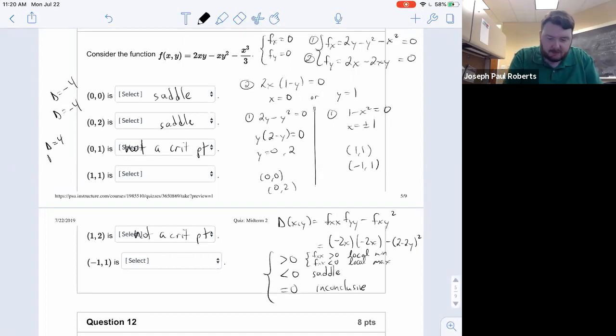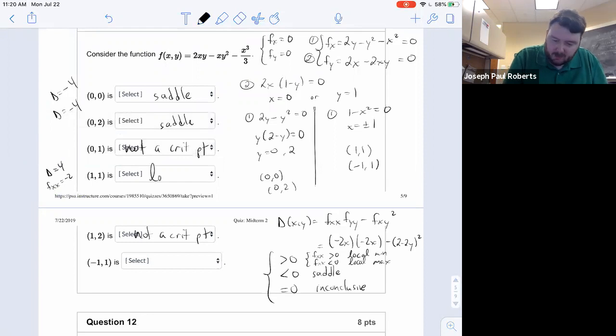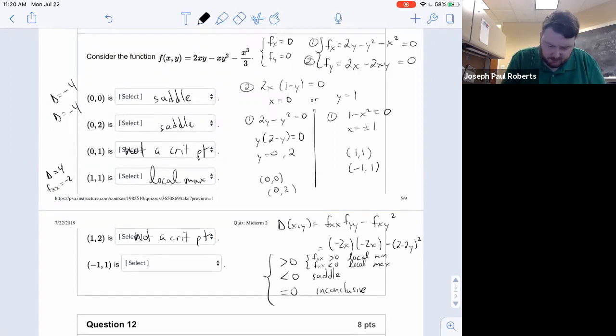But then the xx second partial equals negative 2. Sorry, this is not for (0, 1); I'm doing this for (1, 1). And so that's a local max. And then at (-1, 1), you still get 4x squared minus 0. So D is 4, but then the xx partial is positive 2. So that's a local minimum.